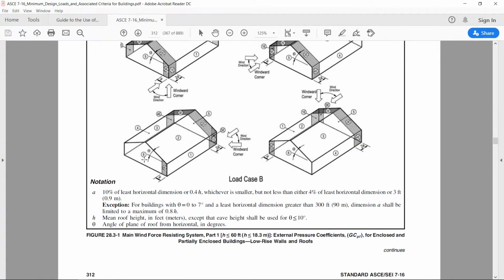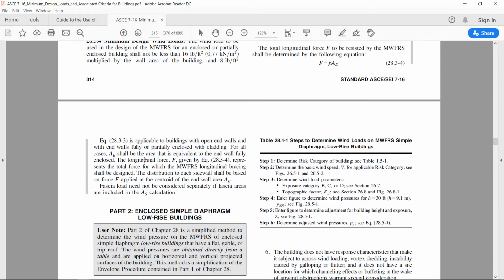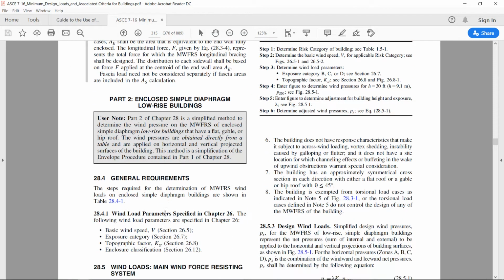Part 2 says that this is for an enclosed simple diaphragm low-rise building. So now it is very specific. It's not a general one. It should be an enclosed simple diaphragm low-rise building.